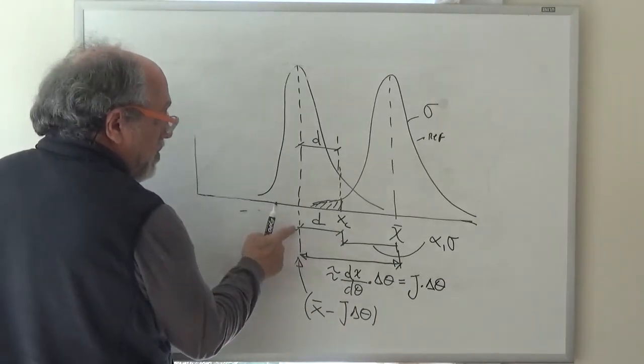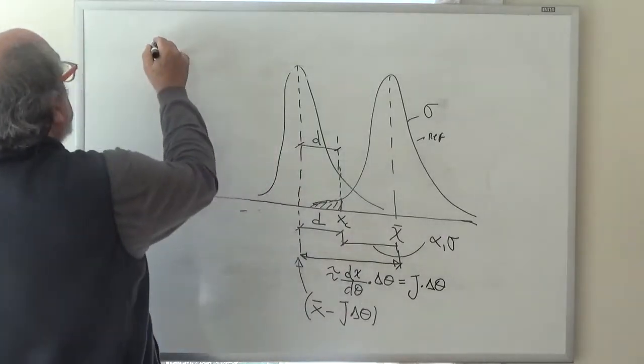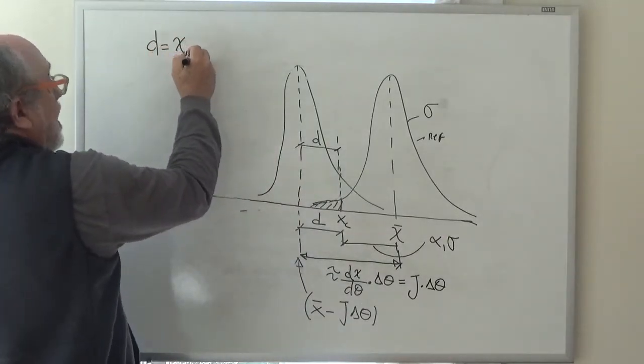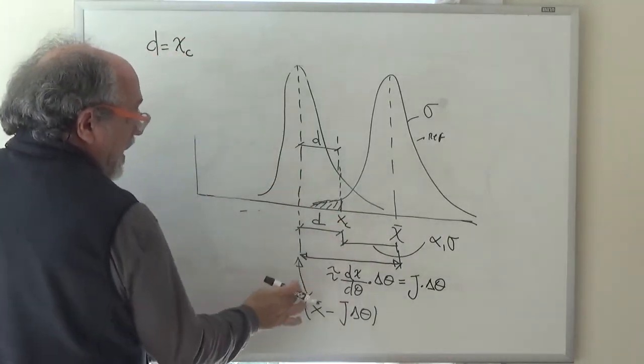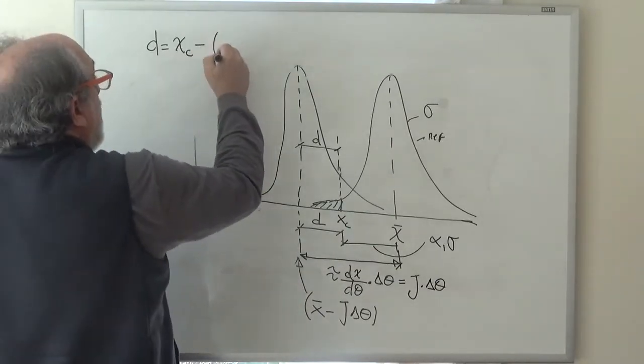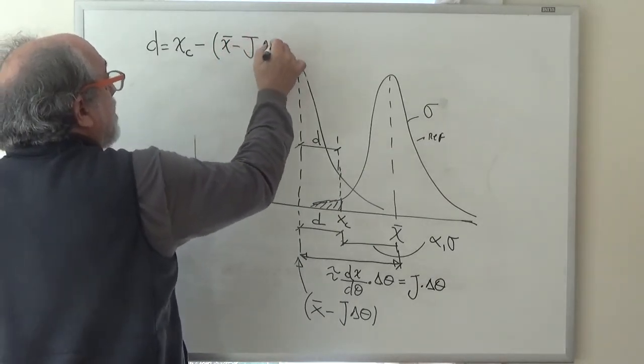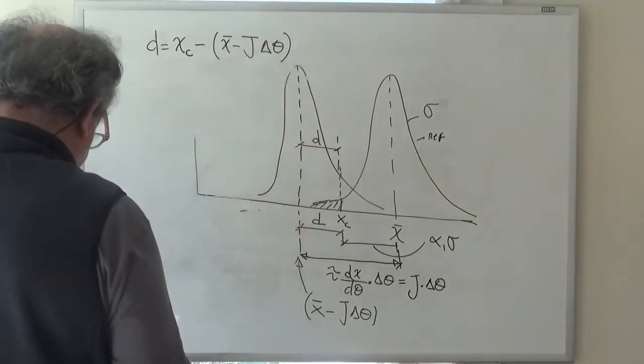That's this point, right? Therefore, d is equal to xc, which is this point, minus this one here, that is, minus x bar minus the Jacobian times delta theta. Okay?